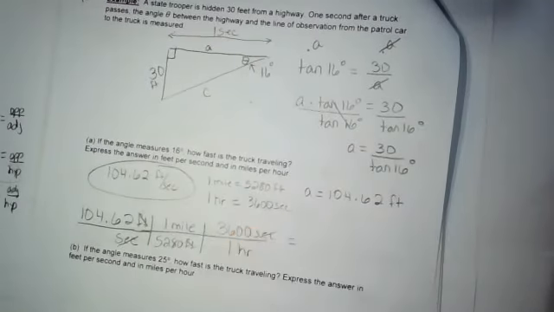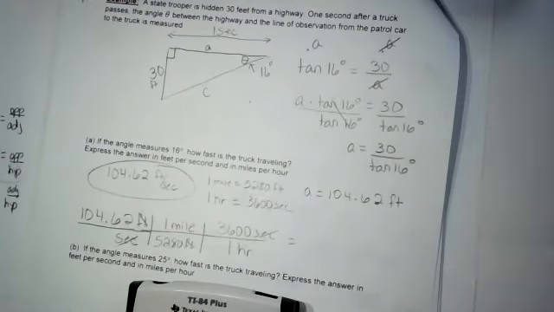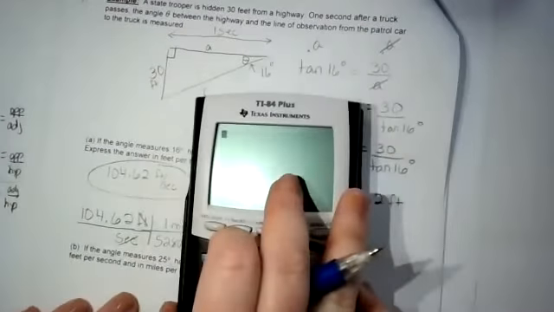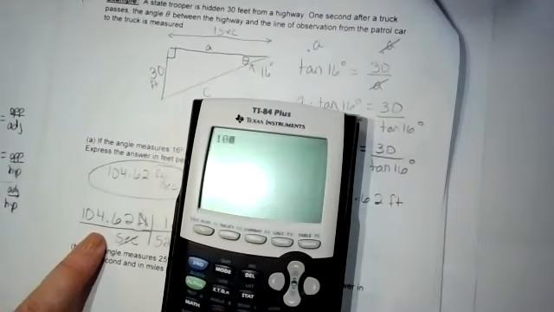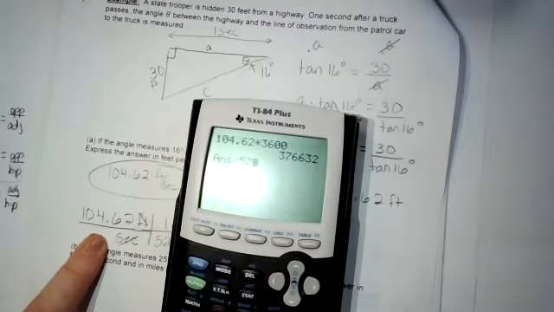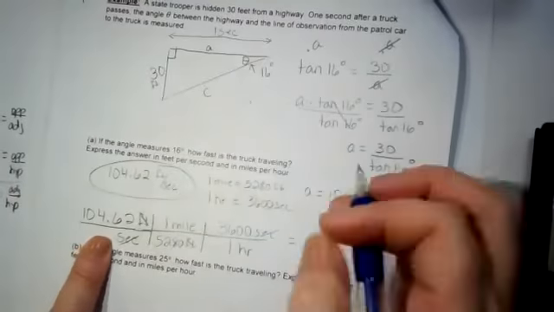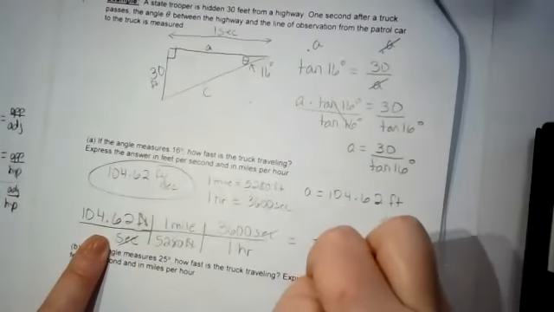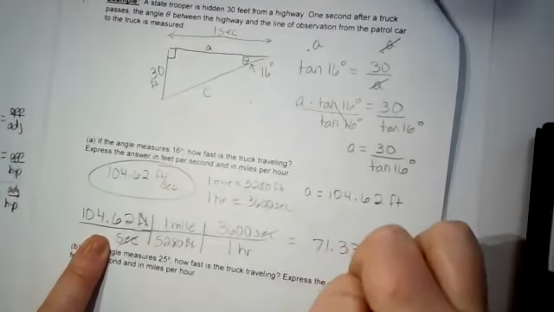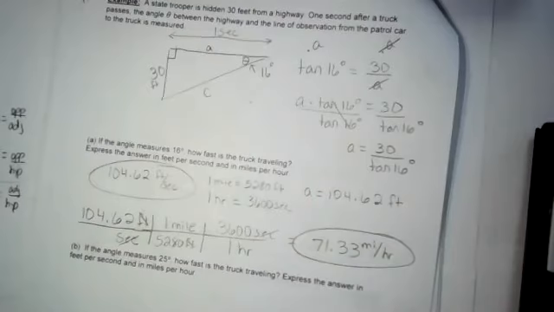So in my calculator, I'm going to do 104.62 times 1 times 3,600 divided by 1 divided by 5,280 divided by 1, and I get 71.33 miles per hour. That's how fast the truck was going.